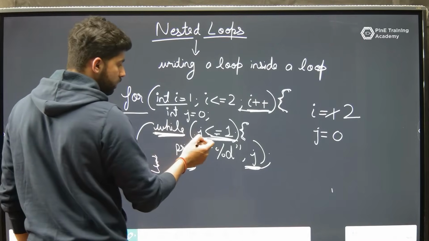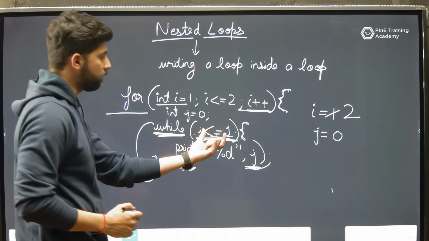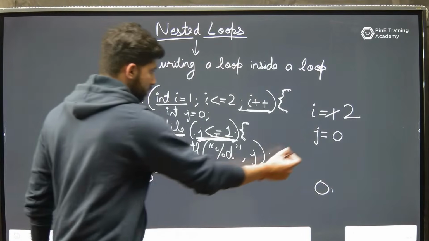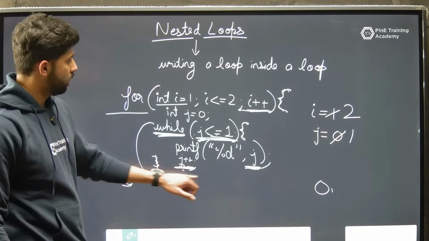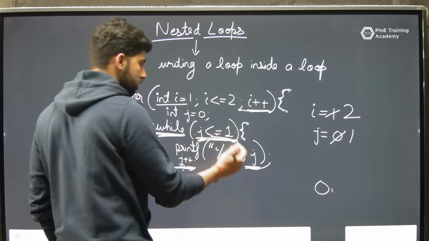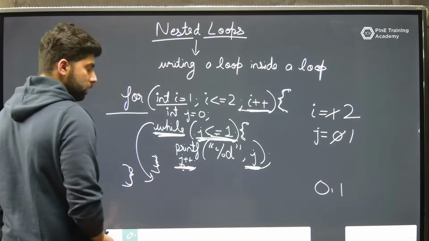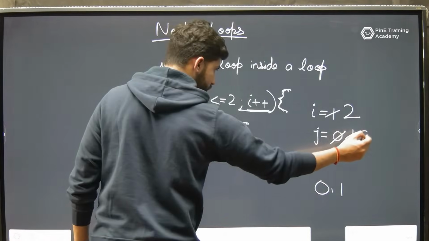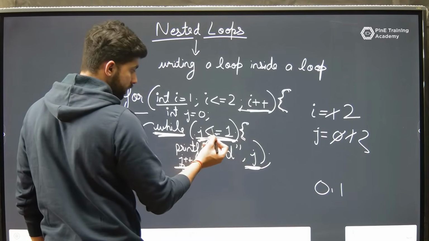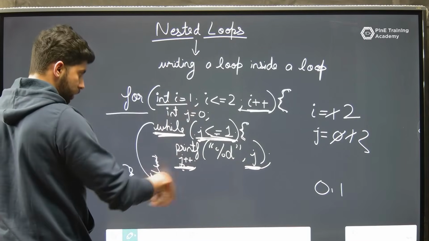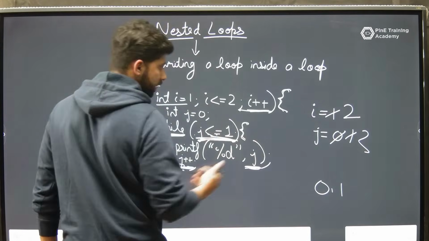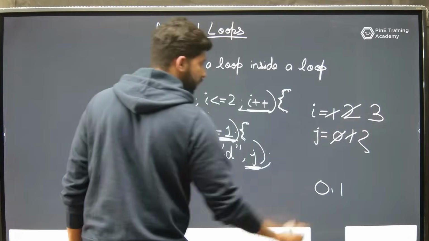So while again it will check j less than or equal to 1, the condition is true, 0 will be printed. j plus plus makes it 1, again this condition will be checked, 1 less than or equal to 1, j will be printed. Then j plus plus, again the condition will be checked. Since now 2 is not less than or equal to 1, it will come out of the loop and all the statements are executed, so our i will become 3 now.